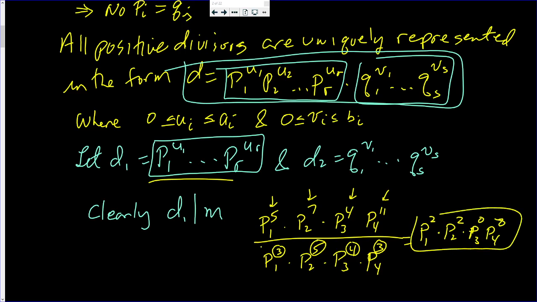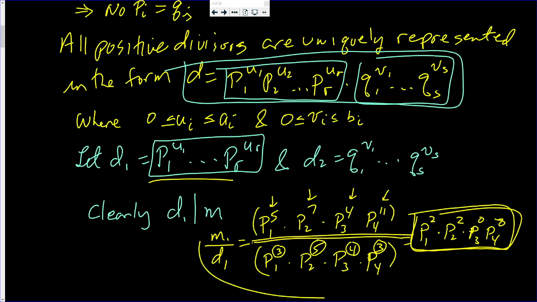And that is, D sub 1 does divide evenly into m. It goes in this many times, evenly.